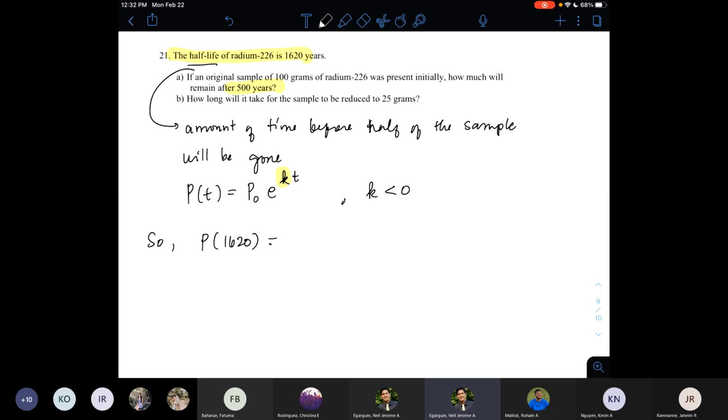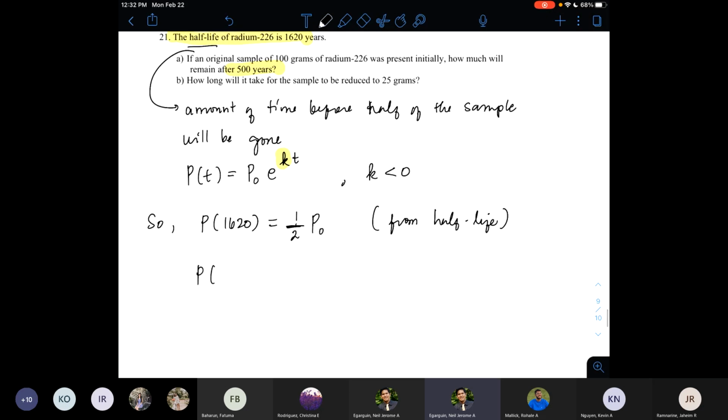So that means at P of 1620, only half of the original amount will remain. So I'll have half of the original amount, but we said that the original amount is P sub 0. All right. So this is basically from the half-life info. In 1620 years, only half of the initial amount will be present. That's why we got this, right?